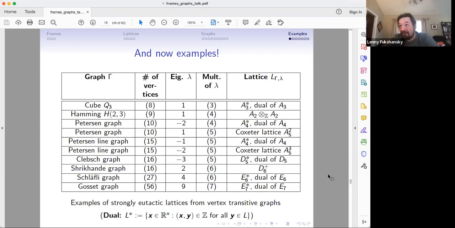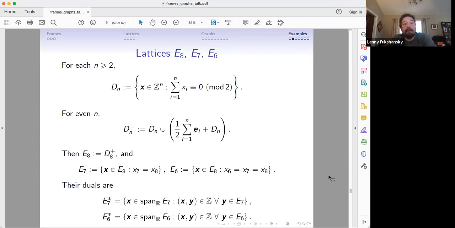It's because I don't have an example that leads to E8. In fact, I wonder if there is an example of a graph that would produce E8. My conjecture is no, but I don't know how to prove that. But E6 star and E7 star I can get. So these are these lattices.